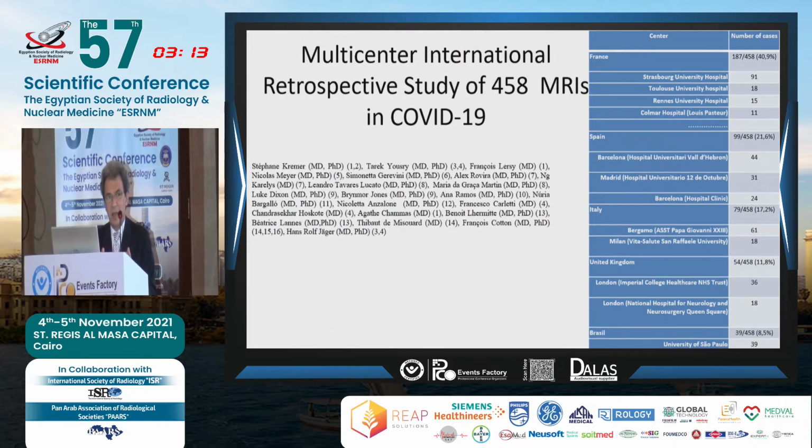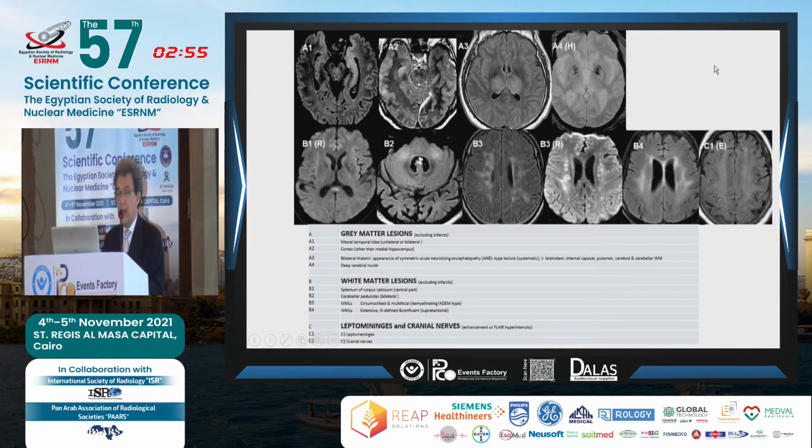So to get a better handle on this, from the ESRNM, as I mentioned at the beginning, a group was formed which looked at centers in Italy, France, Spain, and the UK, and they pooled quite a large number of patients together, almost 500. And then some patterns were looked at.